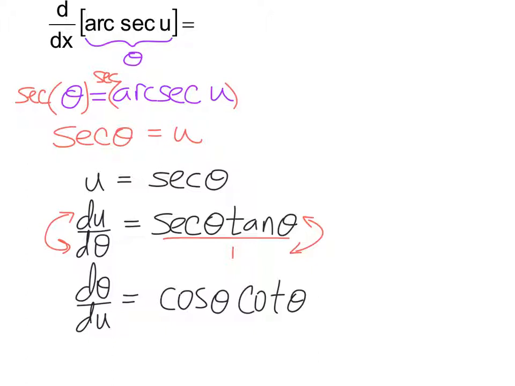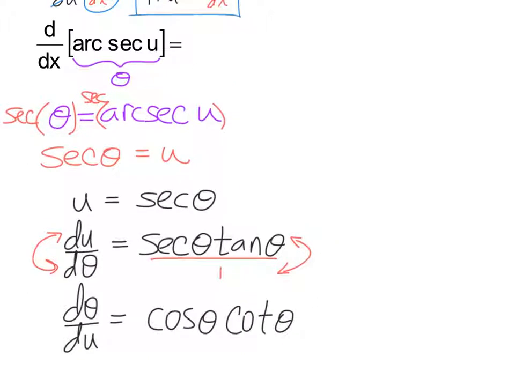I want to have it in terms of u. All right, so I go back to the original expression, the one that we had before we took the derivative, that secant of theta equals u, make that a u over 1. So the secant ratio is hypotenuse over adjacent. All right, the hypotenuse is u. The adjacent side is 1. What would be my missing side?